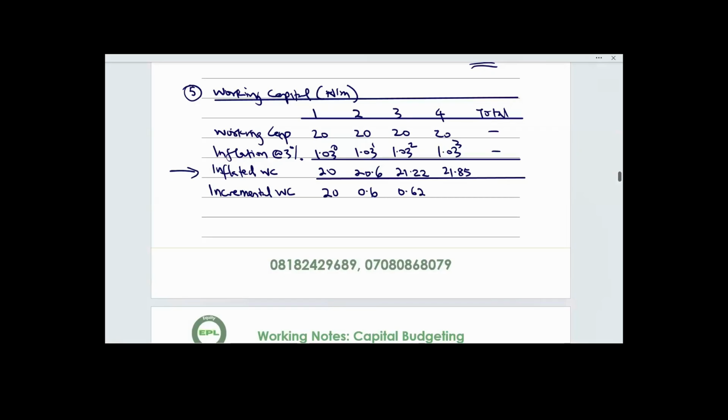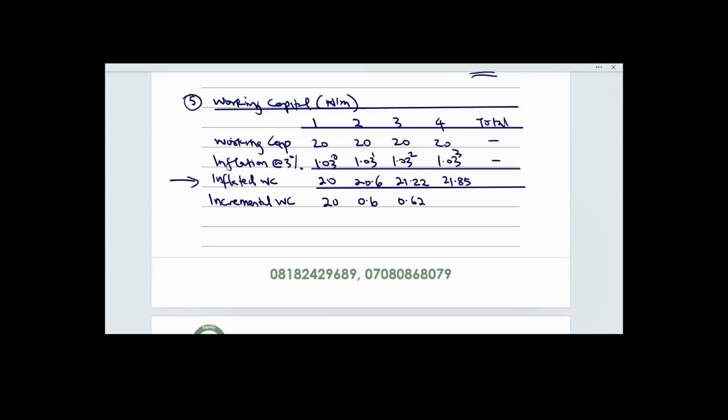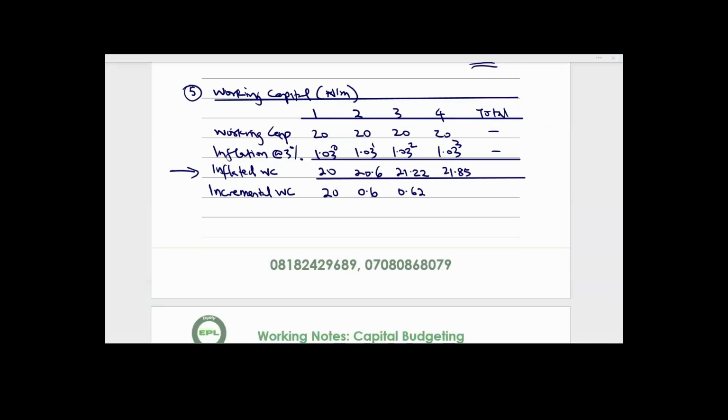Then from 21.22, it has increased to 21.85, so 21.85 minus 21.22 gives 0.63. So I will add up everything. The highest working capital is 21.85. That's the highest.